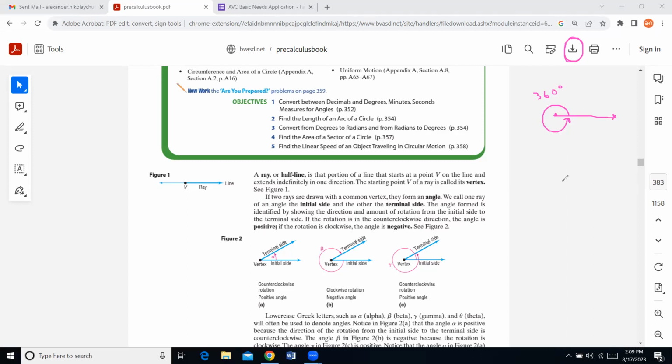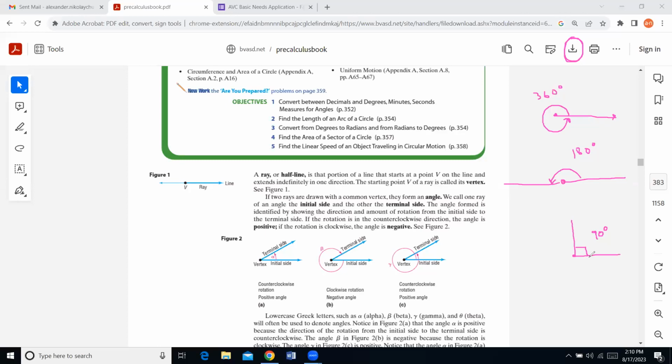And then with respect to 360 degrees, the so-called full rotation, you could get half of it, and half of 360 is 180 degrees. Or if you break that 180 into two pieces, that will be 90 degrees, and people like to put a little square to make sure that everybody knows that this is 90. So it's sometimes called a right angle.